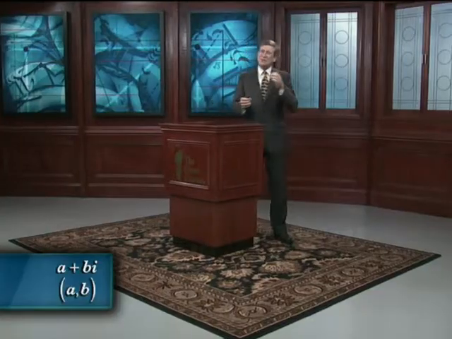Now, the goal here in the next few minutes is to try to explain how to express a complex number in trigonometric form. This will be a nice interplay between complex numbers and trigonometry. So here's how it works. Consider the complex number a plus bi, which corresponds geometrically to the ordered pair a comma b.